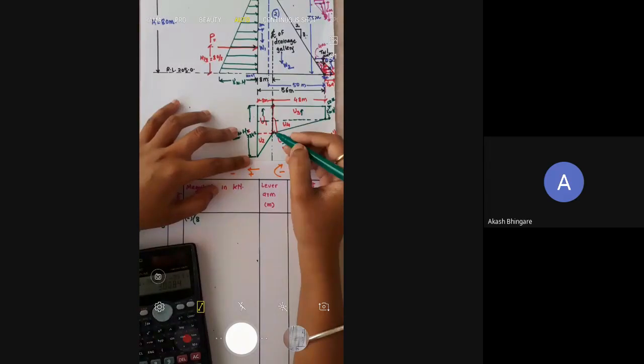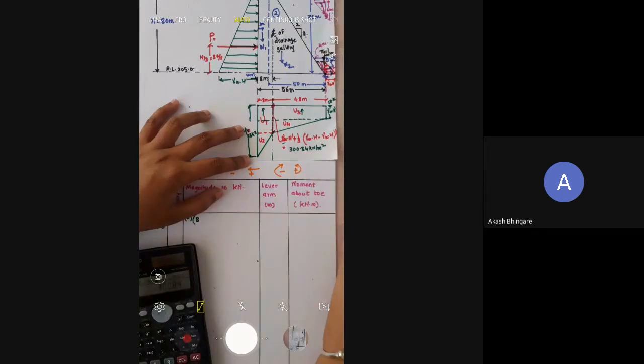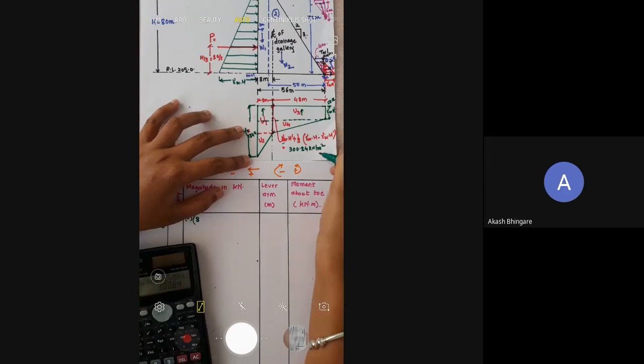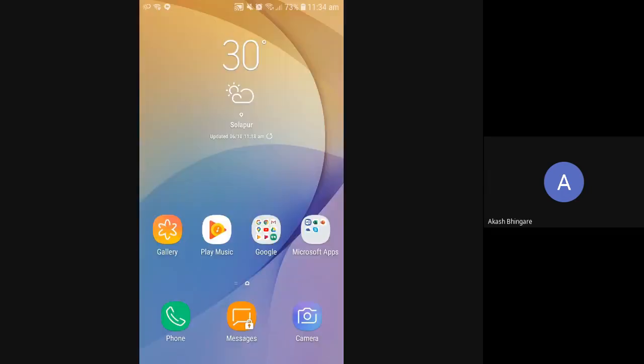This is pressure intensity, so it will have the unit kilonewton per meter square. Multiply it with the area and it will give you the force of uplift. So now we can directly write down the values: 8 into this ordinate 300.84, multiplied by 1, the third dimension, taking lengthwise as 1 meter.